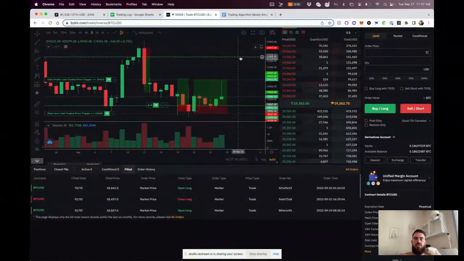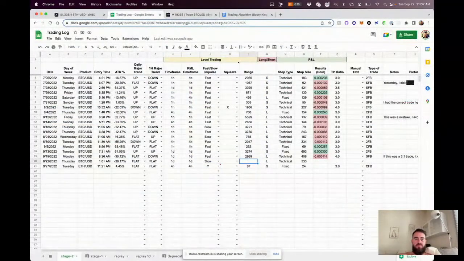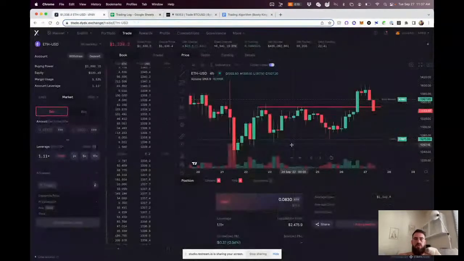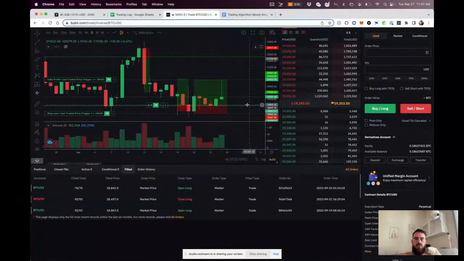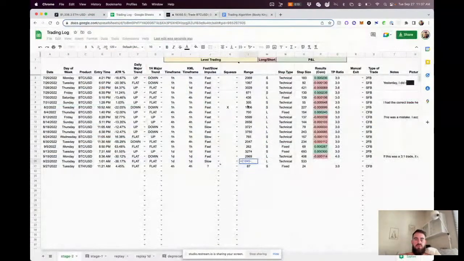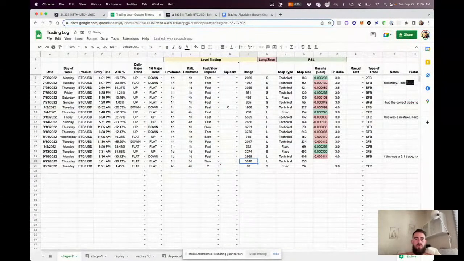And the top of the range is 21845, minus our entry here. Great. That's 3-1. This is a complex false break as well.